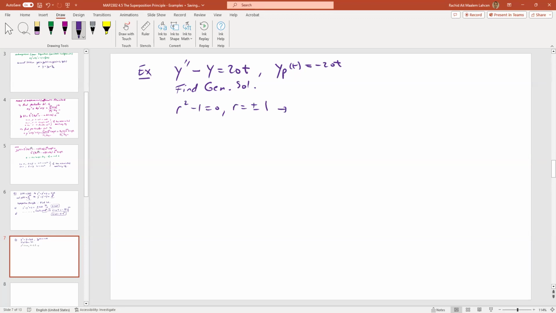That tells me that the general solution to the homogeneous case associated with this differential equation is going to be C sub 1, the arbitrary constant, times the exponential function e to the t. And the second arbitrary constant times the exponential function e to the negative t. So the general solution we're looking for is a particular solution plus y sub h.